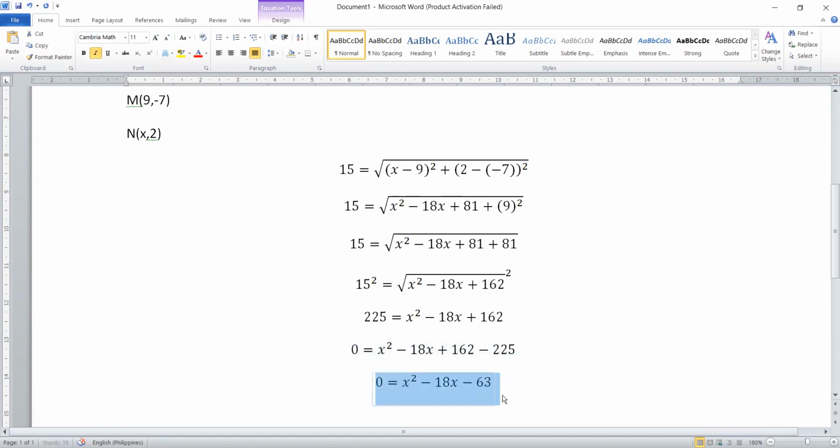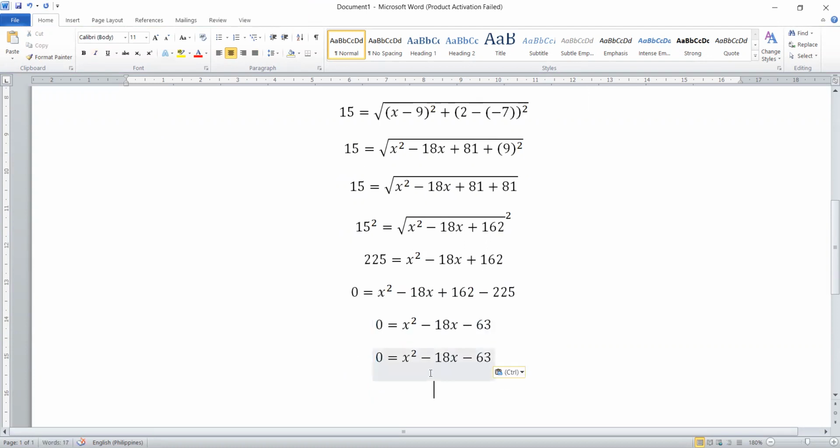Now you have to factor this out. So the factors of this is (x minus 21) times (x plus 3). So you have two values for your x because your degree is 2. So of course you'll have two values. So the values for your x are, so equate this one to 0.